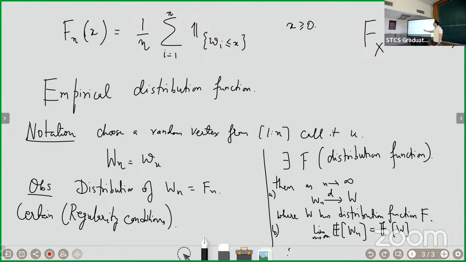So for a large enough graph, F_n will be very close to F. Now if I have F in mind, can I generate a graph which is large enough and close enough to F? That will give rise to some way of creating these w_i's which correspond to this F or close to this. So, what is F when I'm looking at heavy tail distributions? I have a particular F. Can you now guess what w_i should be?